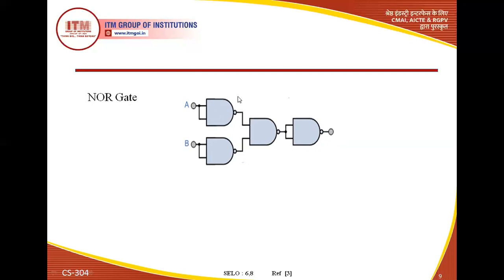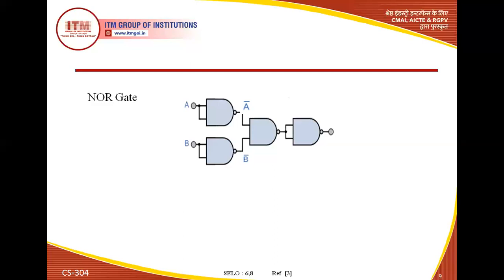Just see here what the output of this NAND gate is. This is basically working as an inverter, so at that time we are getting the output A bar. Similarly, for this NAND gate we get the output B bar.